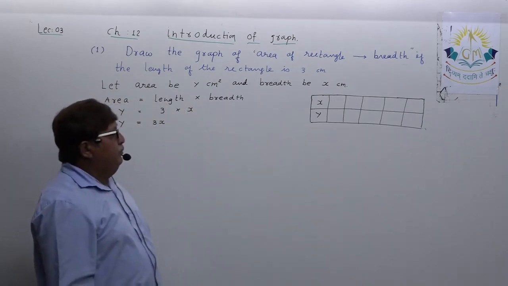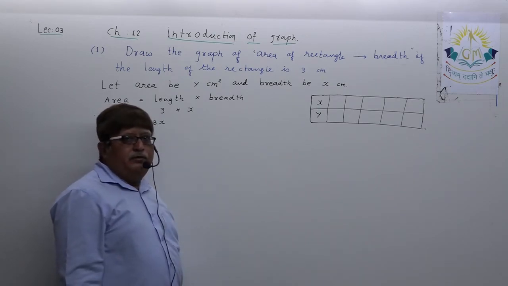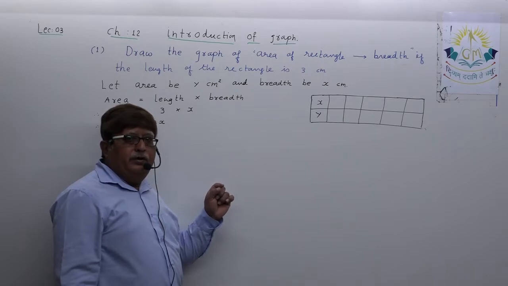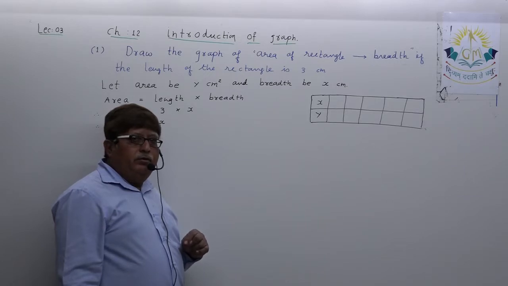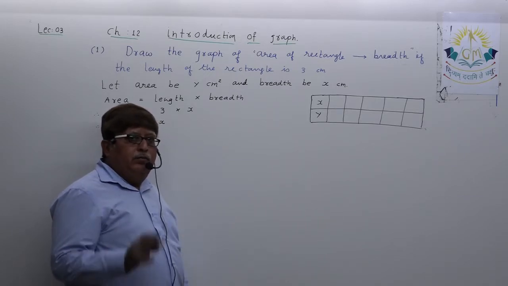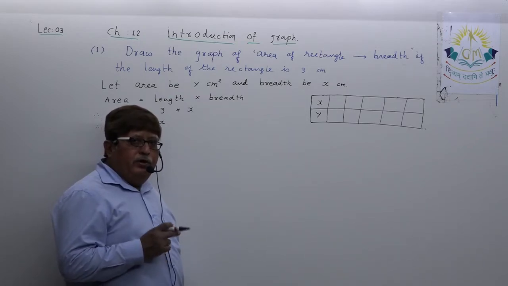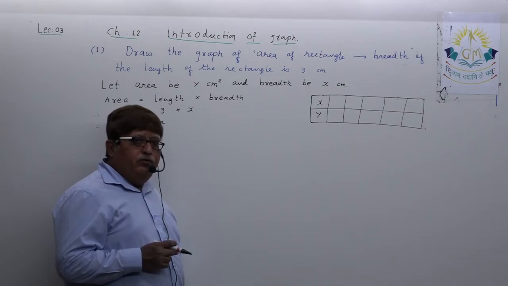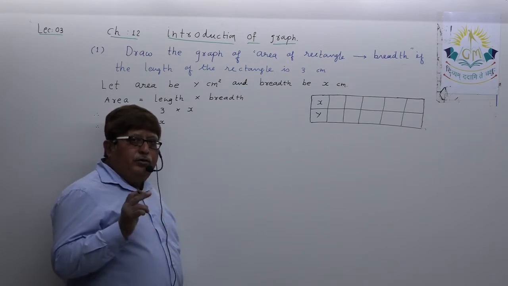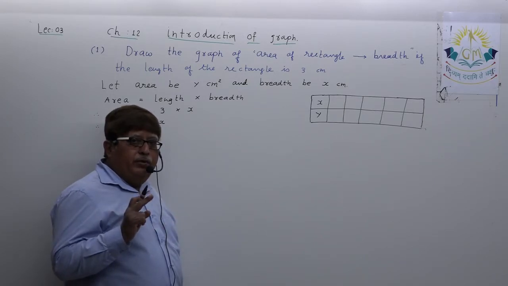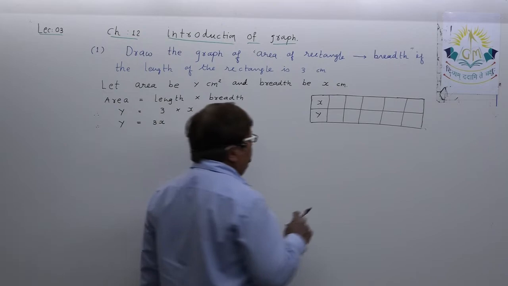Now, dear student, even in supposing values of x, which is actually the breadth of the rectangle, you have to be very conscious. Don't take values like you were taking in the previous examples which we have solved. This is regarding the area of rectangle. So you cannot take, practically speaking, any negative measurement. Please mind this basic.